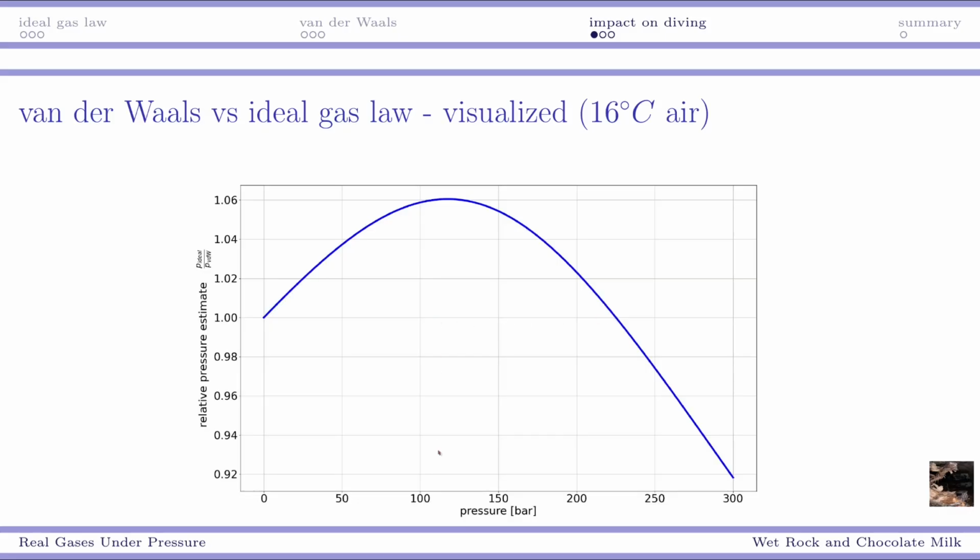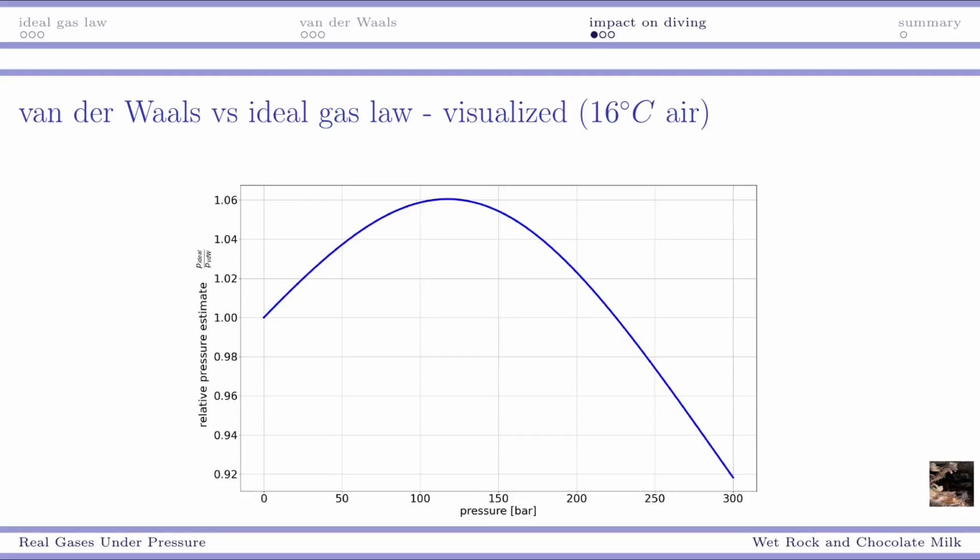And in between, in the 100 something to 225-ish region, we overestimate the pressure that we have by about 6%. Beyond the 225-ish, we can go down to an over or underestimate by about 92% of the pressure if we're using the ideal gas law.